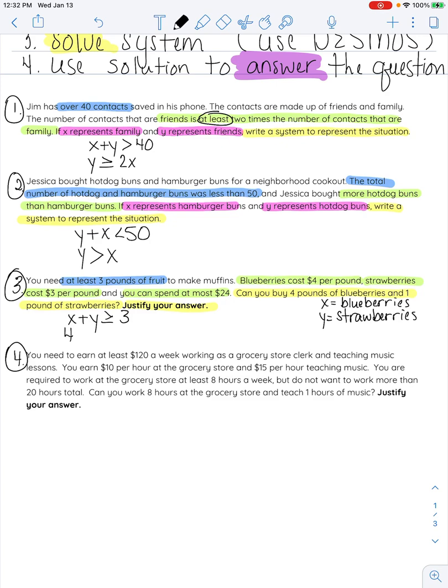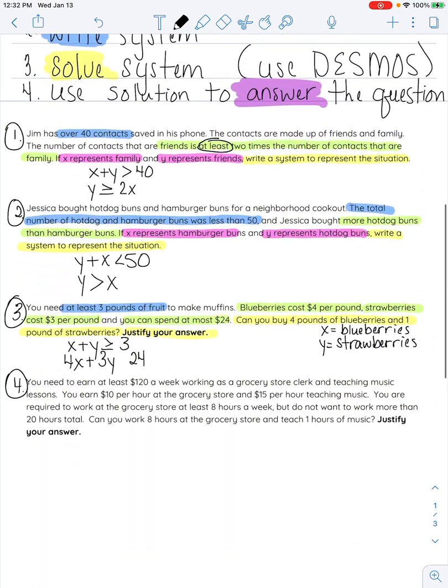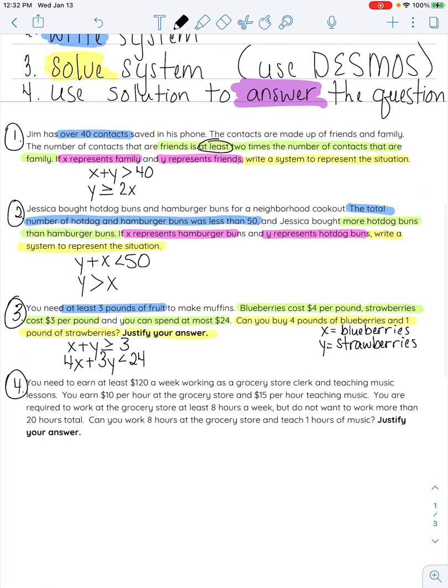We have to pay $4 times the number of pounds of blueberries plus $3 times the number of pounds of strawberries, and we're going to do something with 24. That's the most. So at most means that we have to spend less than or equal to $24. So I've identified my variables. I have written my system. Next, I want to solve my system.